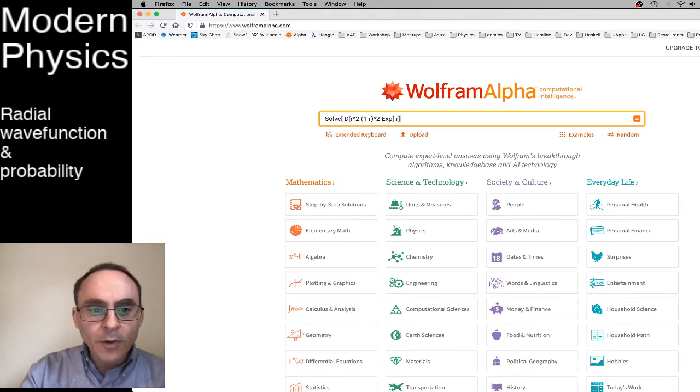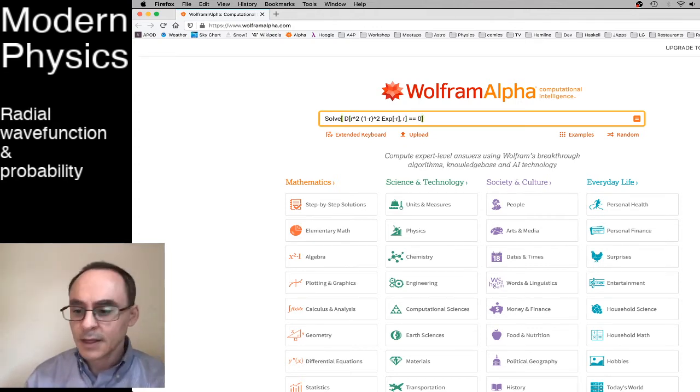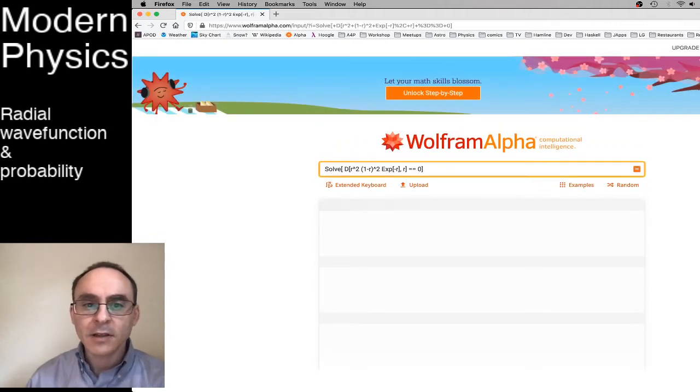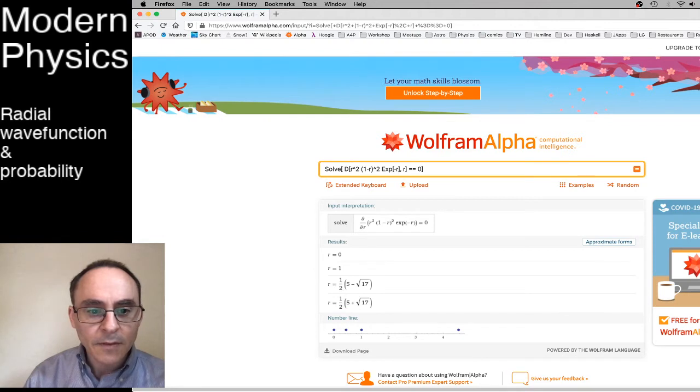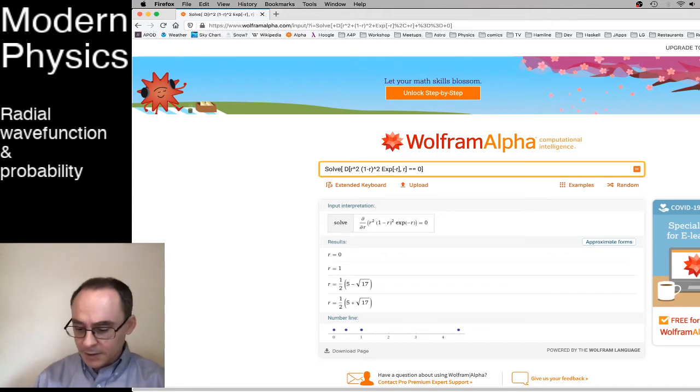I'm going to take the derivative with respect to r, set that equal to 0, and ask Mathematica to solve it. So let's see what happens. Awesomely enough, it did. It gave me 4 values.